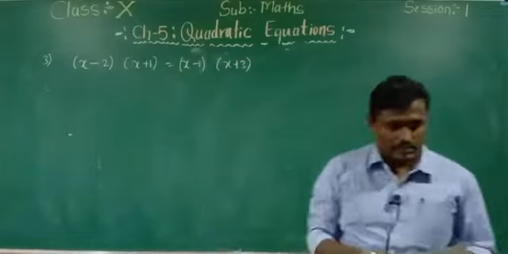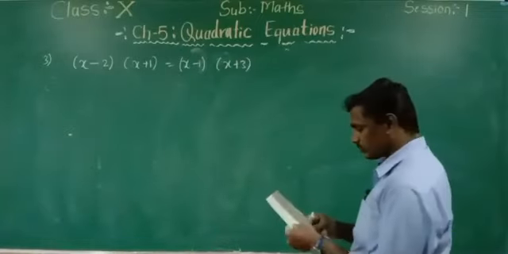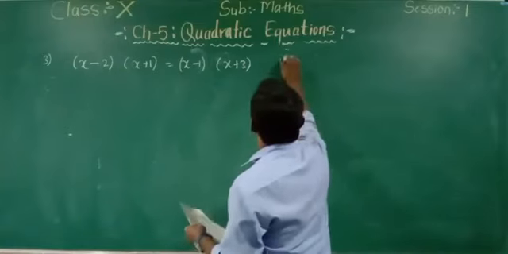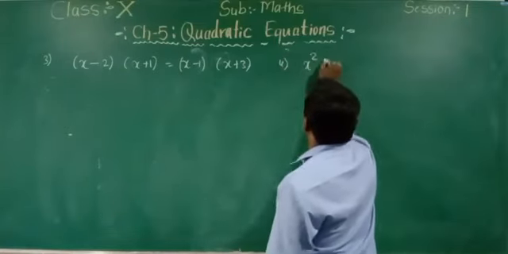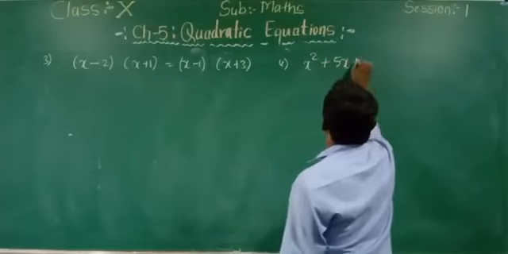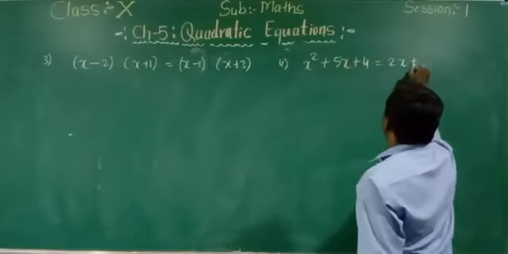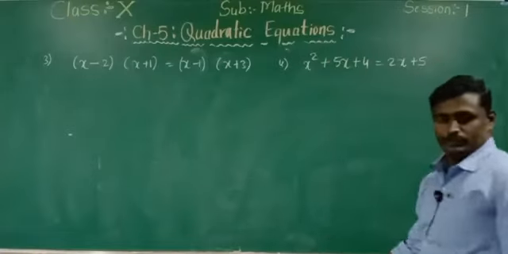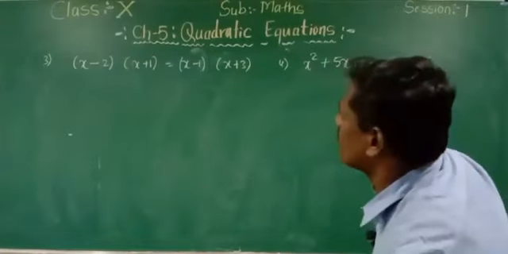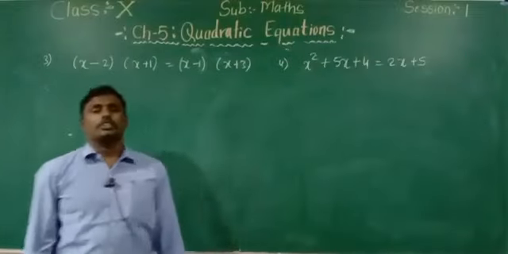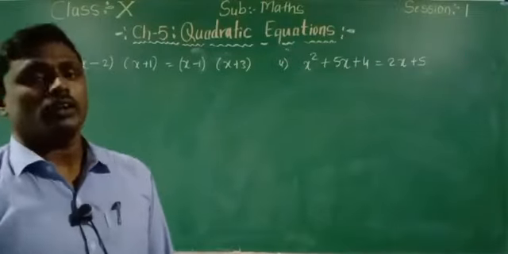The fourth one: x square plus 5x plus 4 is equal to 2x plus 5. Just check whether the given equations are quadratic equations or not.